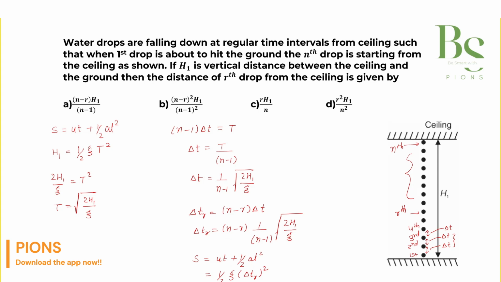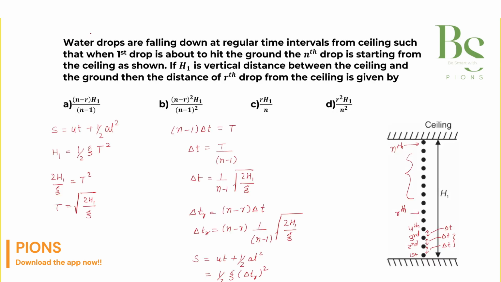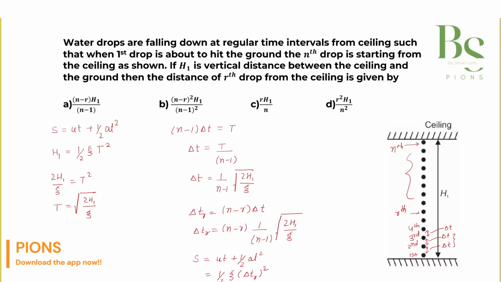So s will be equal to half g, and what is our delta tr? Delta tr is n minus r upon n minus 1, root under 2h1 upon g whole square.